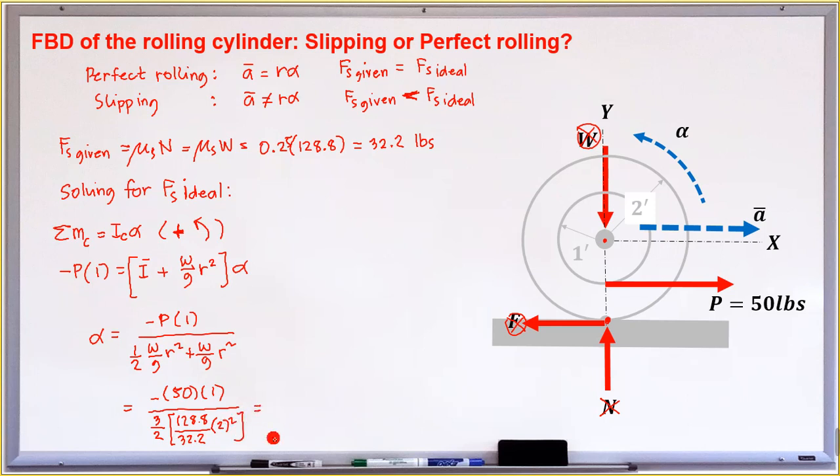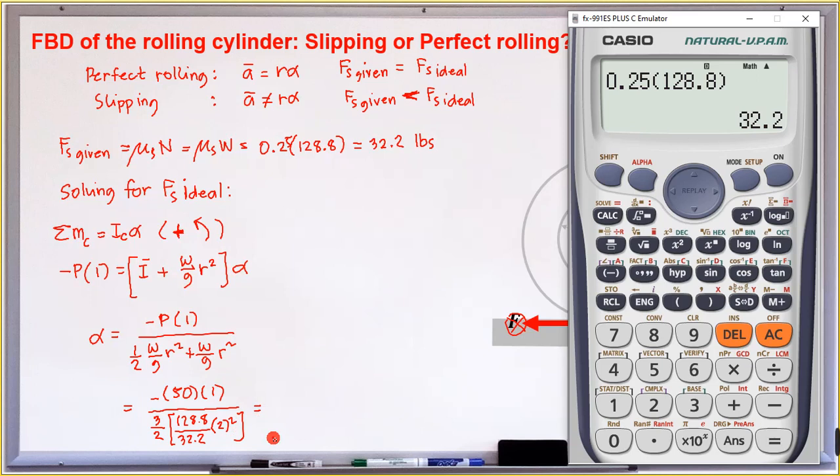So what would be the resulting angular acceleration? Let's use our calculator. So 50 divided by 3 halves is 1.5. Then the weight is 128.8 divided by 32.2. And then 2 squared is 4.